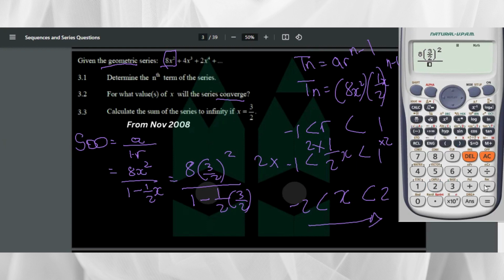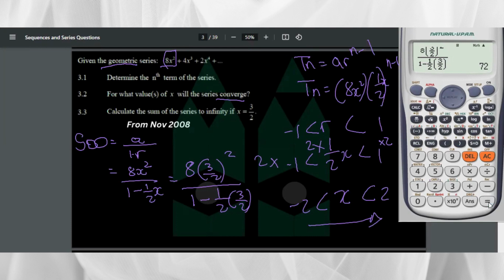Then we go to the denominator, that's going to be 1 minus 1 over 2, then you open the bracket, it's going to be 3 over 2, and then let's close the bracket. I'll close it twice.